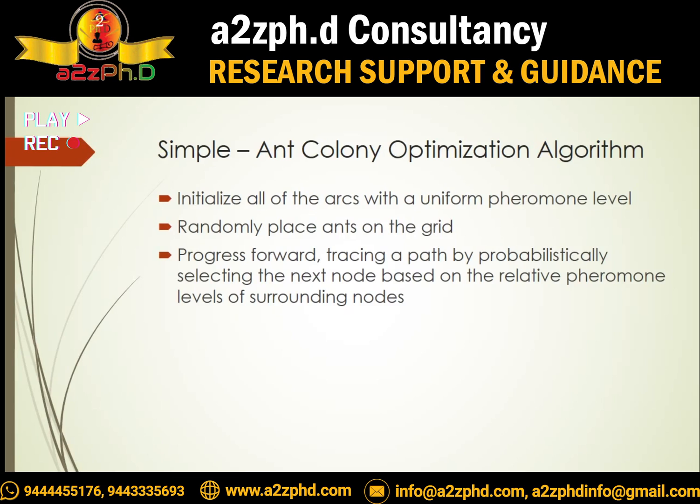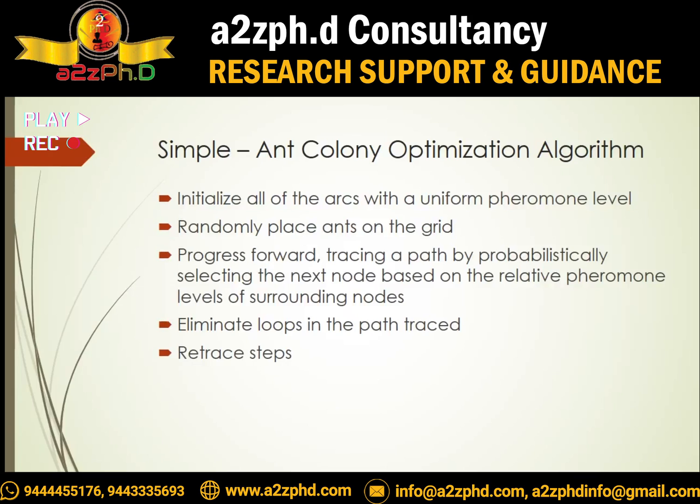These ants will progress towards their goal by probabilistically selecting their subsequent nodes. This node selection is based on the relative pheromone level of the surrounding nodes. Once the goal is reached, loops in the path that was just traced are eliminated by searching through the sequence of nodes.